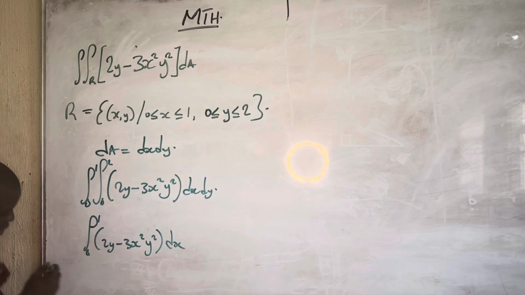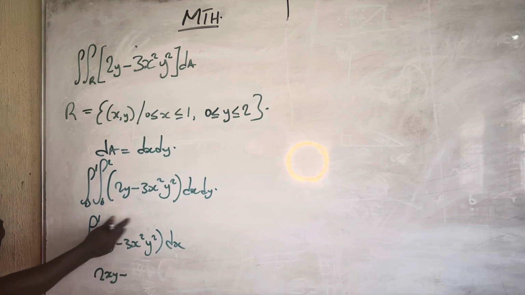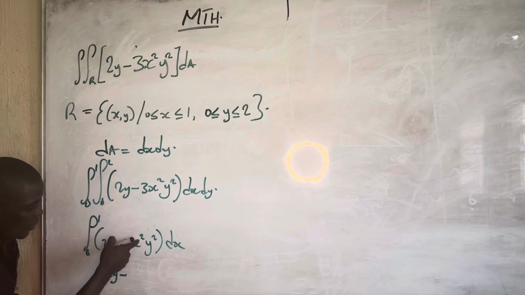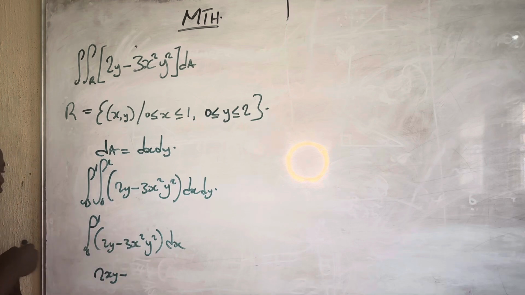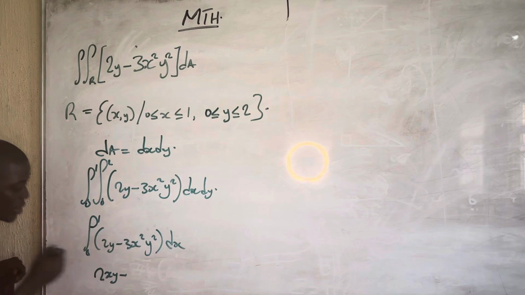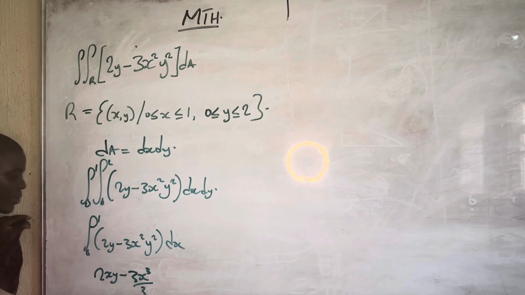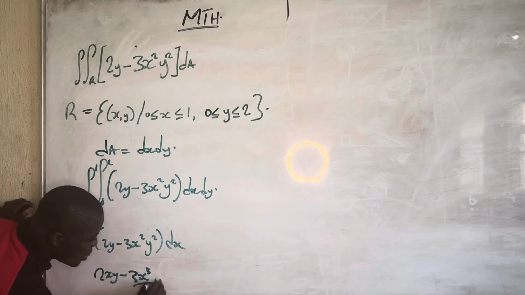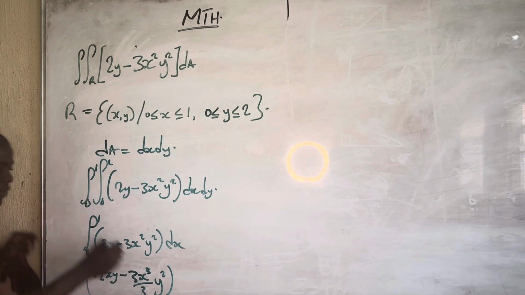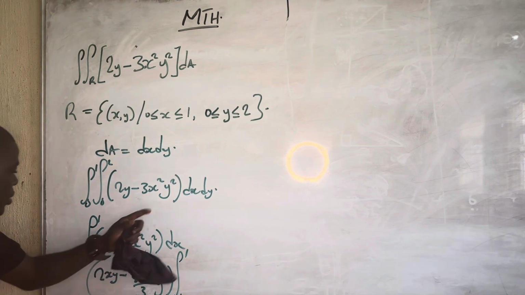I get 2xy minus, integrating this, an addition of 1 to our power, so 3x raised to power 3 divided by 3, then we put our y squared there. Since I'm integrating, I put our range value 0 to 1. Do you understand now? So let's continue.